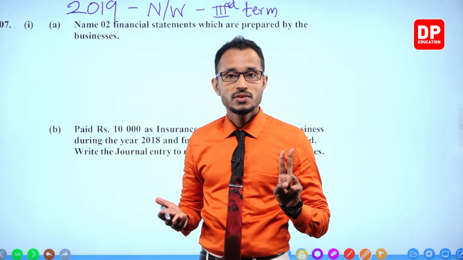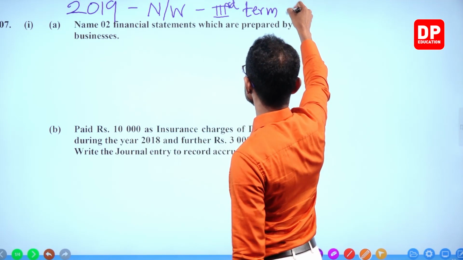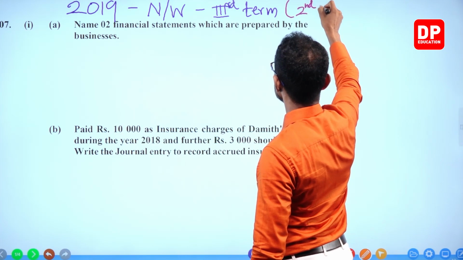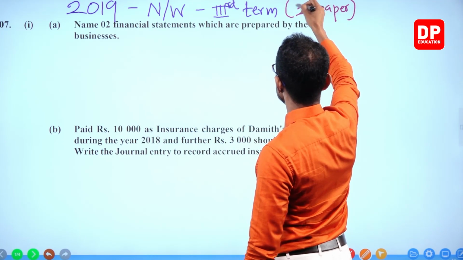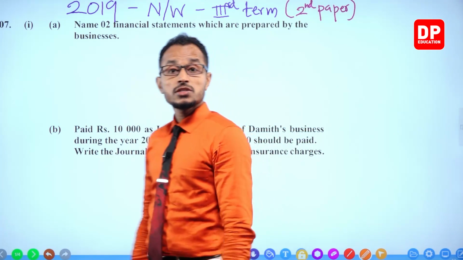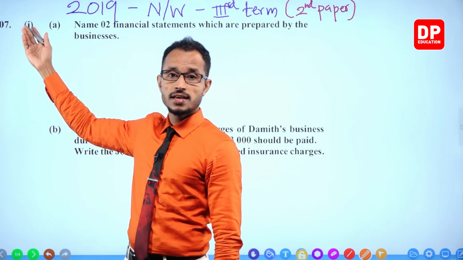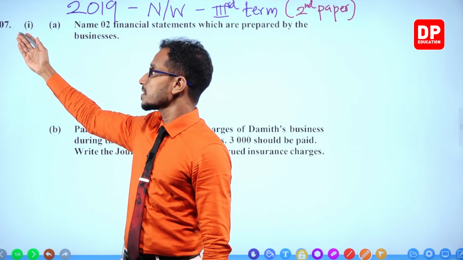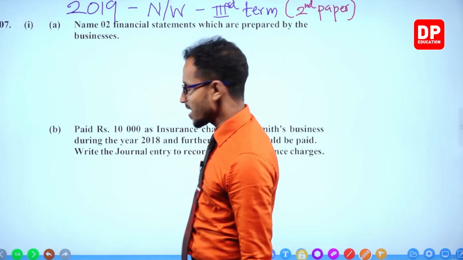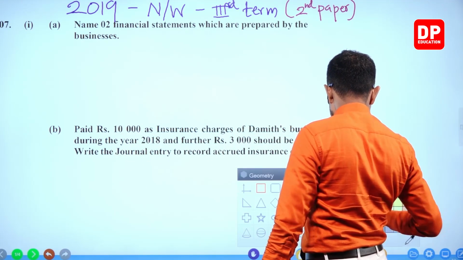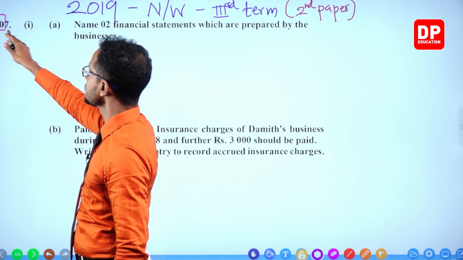I mean, you get first paper and second paper, right? This is the second paper, of course. And we are finishing the second paper, paper 2, today, because, as you can see, this is the last question of the second paper. 7th question. Here we go. Question number 7.